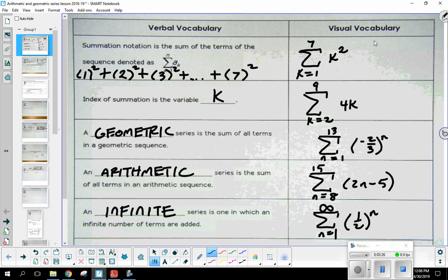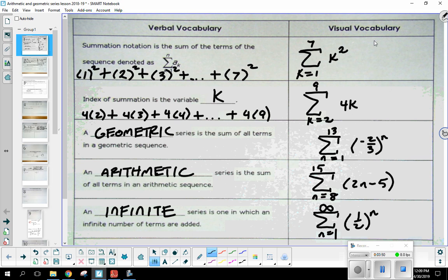So the second term would be 4 times 2. Plus, the third term would be 4 times 3. Plus, fourth term, 4 times 4, all the way until I got to the 9th term, 4 times 9. There you go.